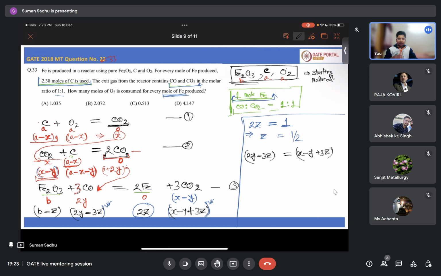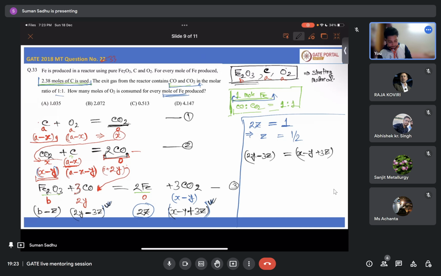It means at the end when all the reactions are over, the exit gas, CO and CO2, is exiting from the system. At that time the ratio of the gas mixture is 1 is to 1. So that means the amount of unreacted CO is equal to the amount of CO2 that is formed because of the reduction of iron.